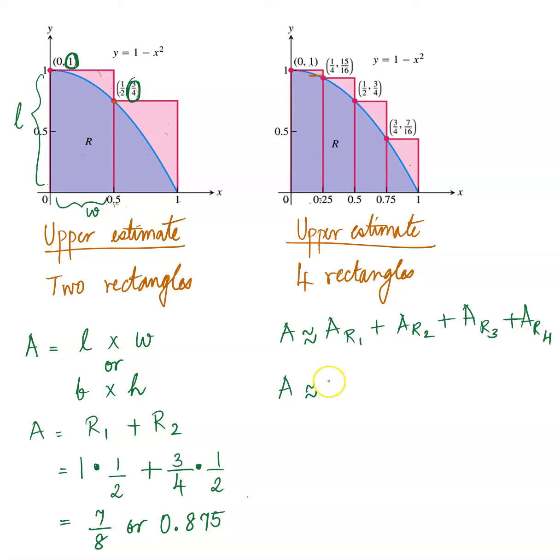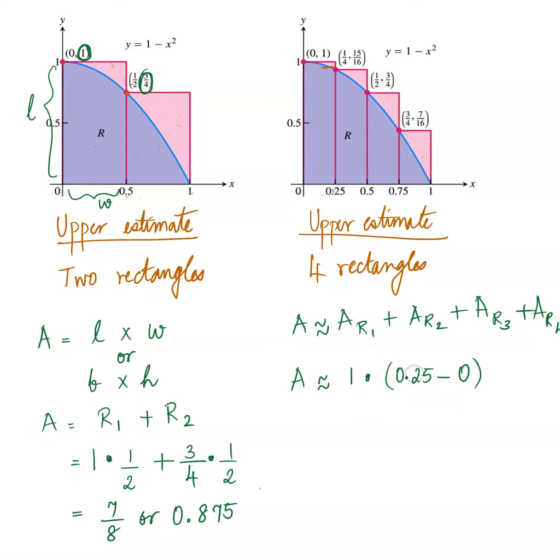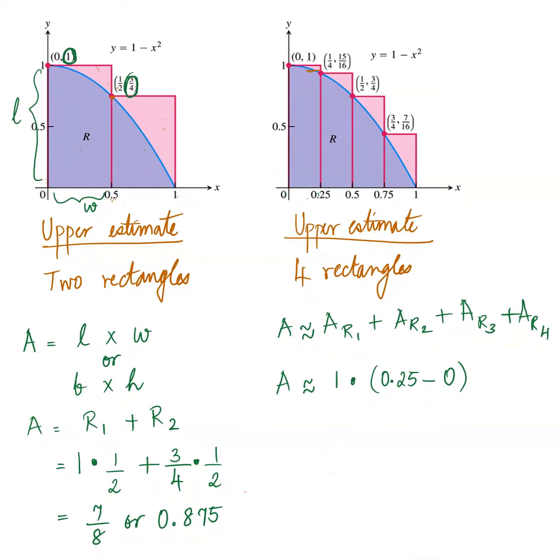So here I just want to illustrate the width by doing 0.25 minus 0. For variety, I'm going to keep it here as decimals instead of fractions. And you can very well use your calculator for this.